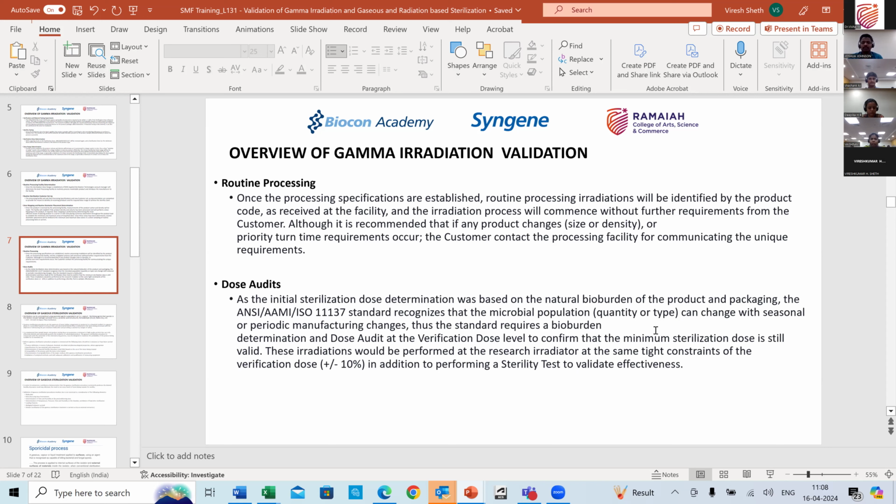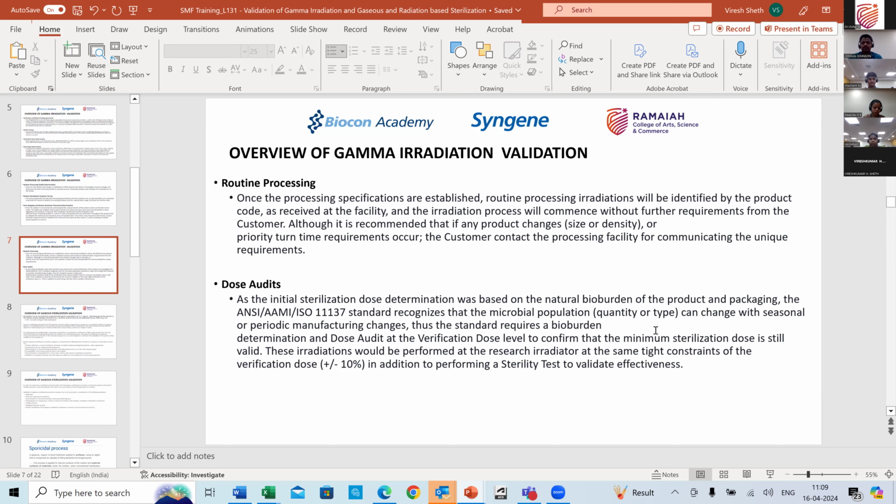But the bioburden that you started with was based on maybe you developed this process 1 year back. One year back, your bioburden in the environment in which you were manufacturing this particular product, a medical device or a pharmaceutical or any other product, would have been different.